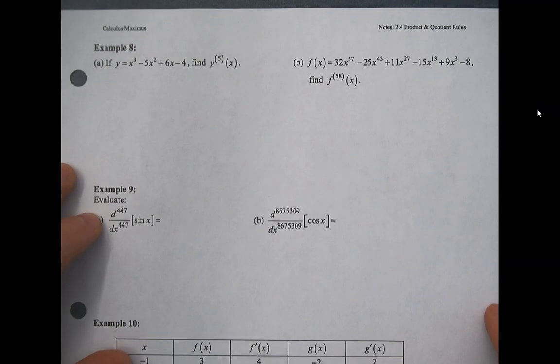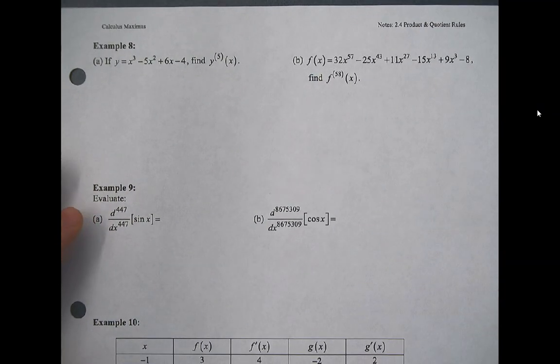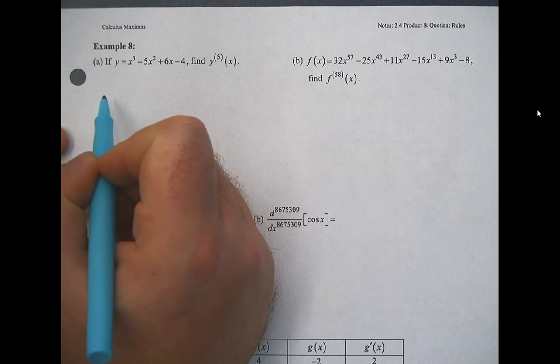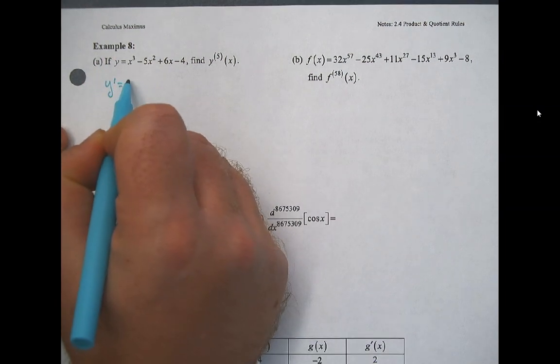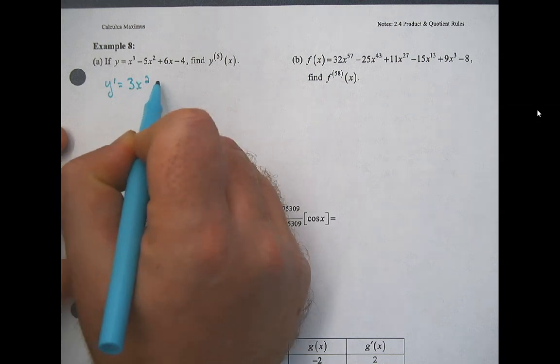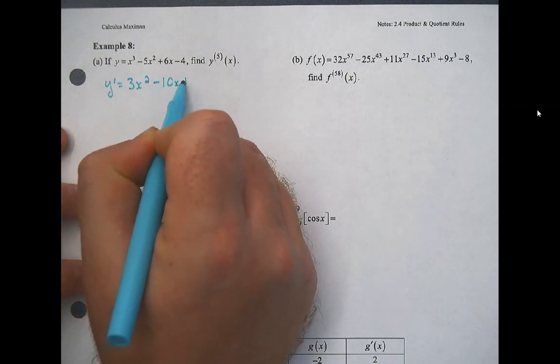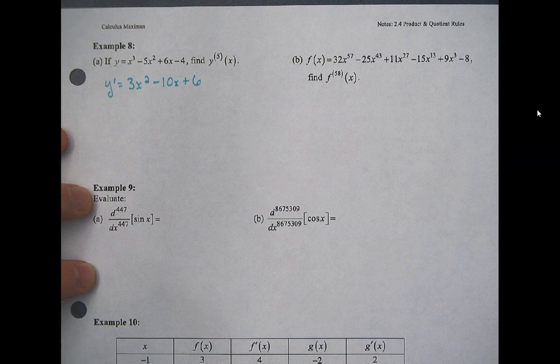So if y equals blah, blah, blah, find the y to the 5th of x. That means the 5th derivative of x. So, actually, you do this. Do this on your own while I do it. It's so nice because we can do the derivative shortcut.